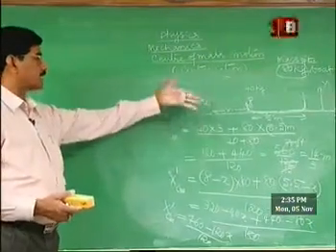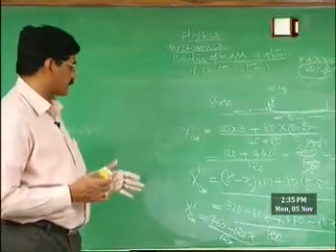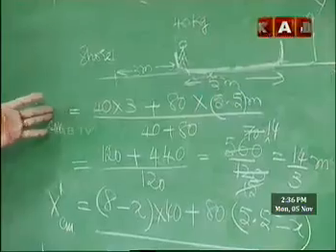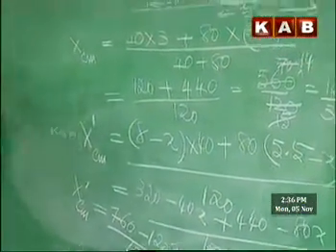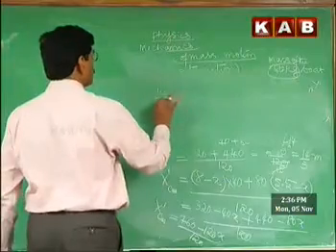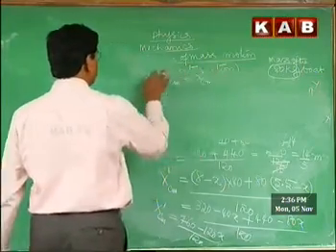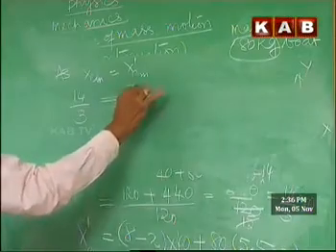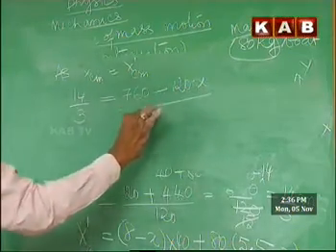But we know that as there is no external force acting on the boat and person system, the center of mass should not move. Therefore, the original coordinate of the center of mass and the new coordinate of the center of mass must be equal. So, equate them. The original position of the center of mass, xcm, is equal to xcm dash. 14 by 3 should be equal to 760 minus 120x divided by 120.